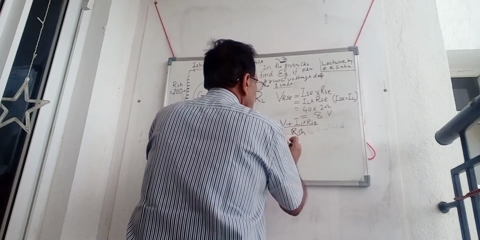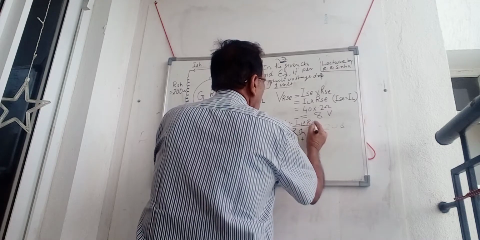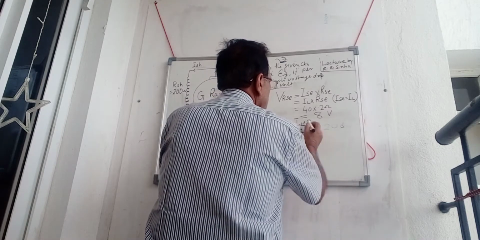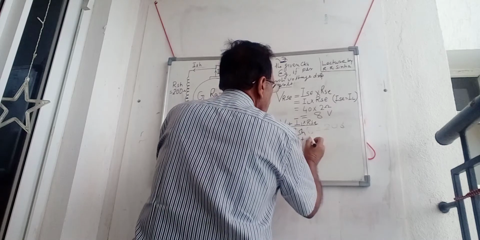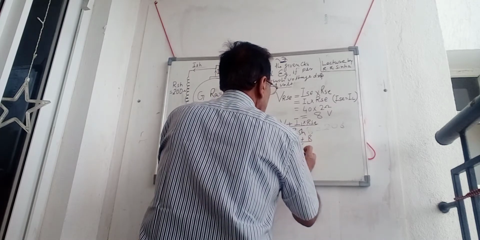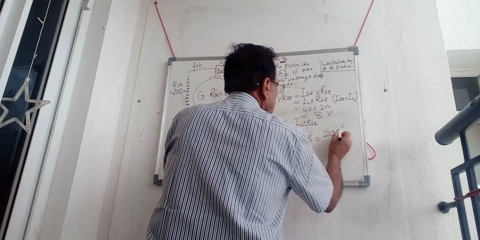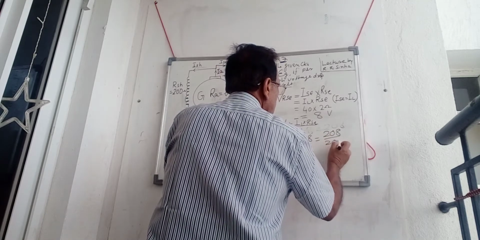Now V is equal to 200, IL into RSE is 8 volt, divided by RSH, that is 208 divided by 200.